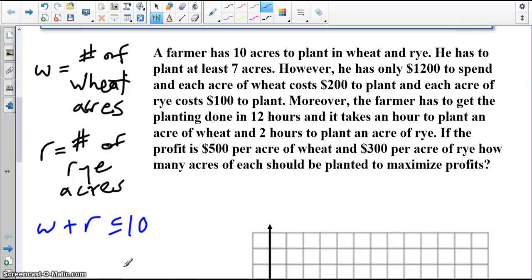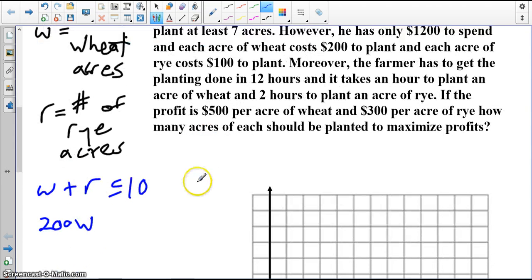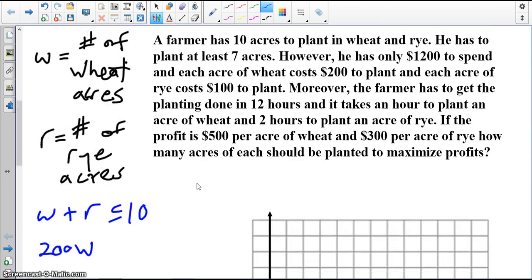So 200 W is how much is spent on the wheat. And then 100 R is how much is spent on the rye. The number of things planted times how much it costs to plant that thing, the acre of wheat, acre of rye.